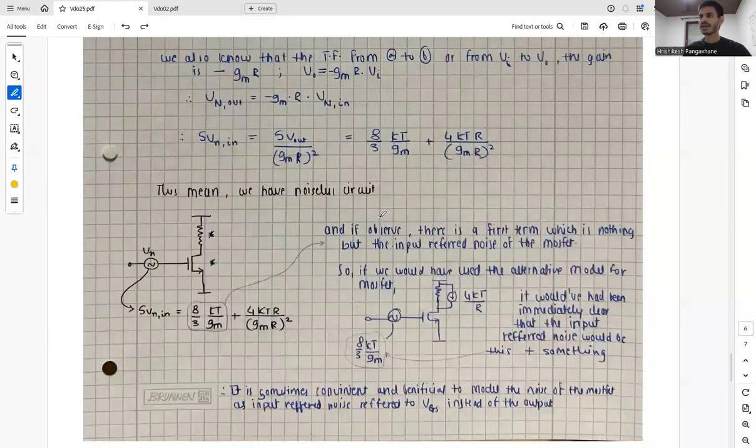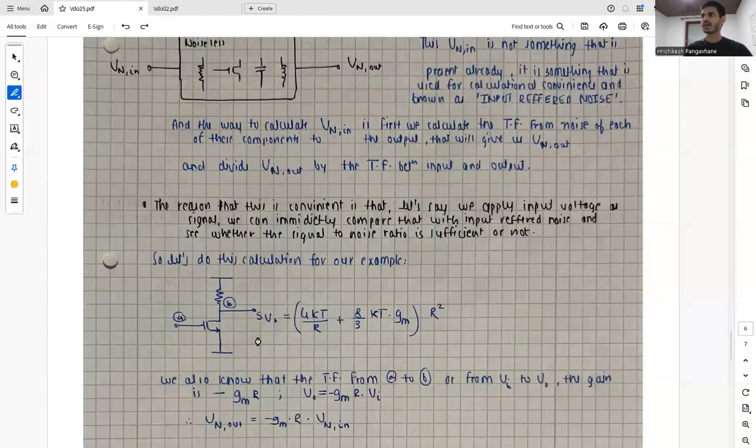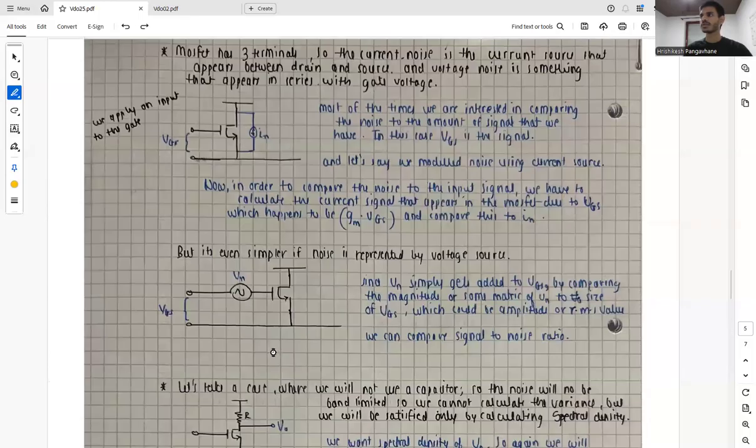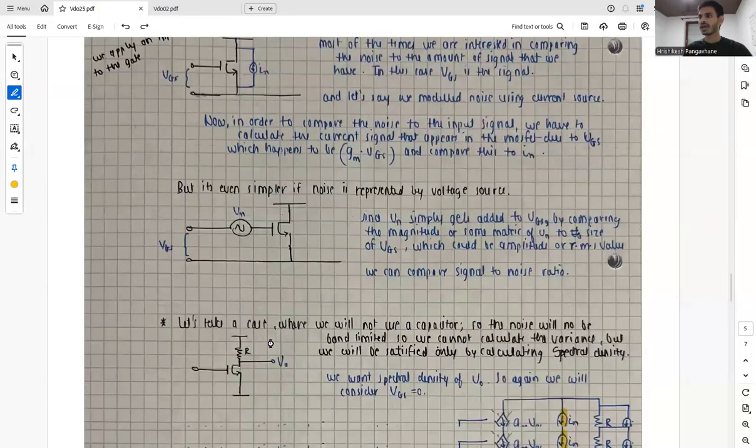This means that we have a noiseless circuit, and we have an in series voltage source, and it has the spectral density of this value. It turns out that the first term is nothing but the input referred noise of the MOSFET itself, and we derived it from here, like it's the input referred noise for the MOSFET only.